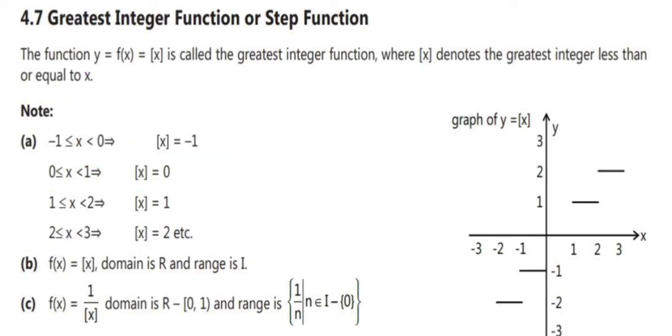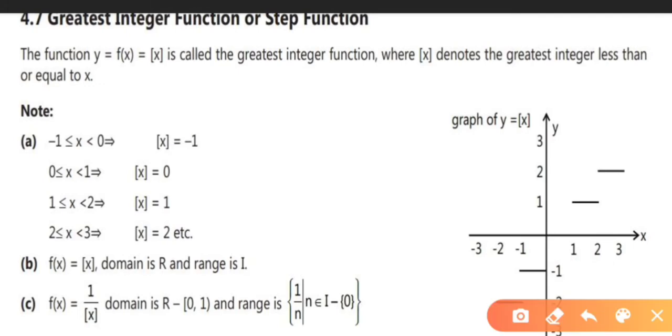The values are minus 1, minus 2, plus 1, plus 2. These are what? The values of the greatest integer, where [x] denotes the greatest integer less than or equal to x.